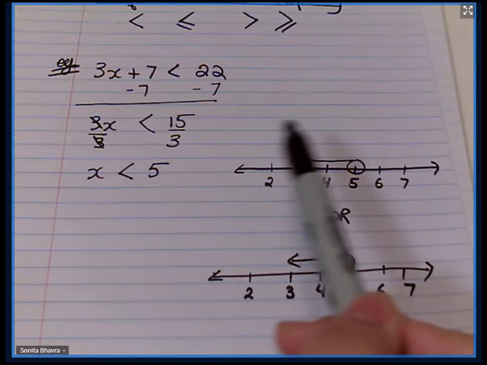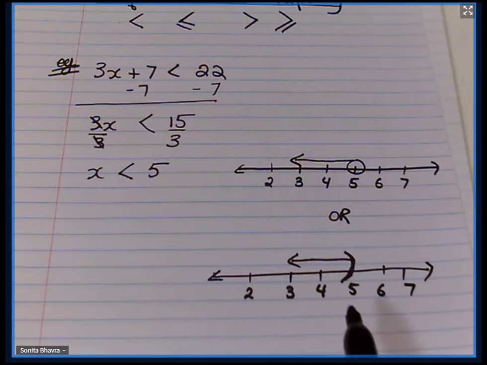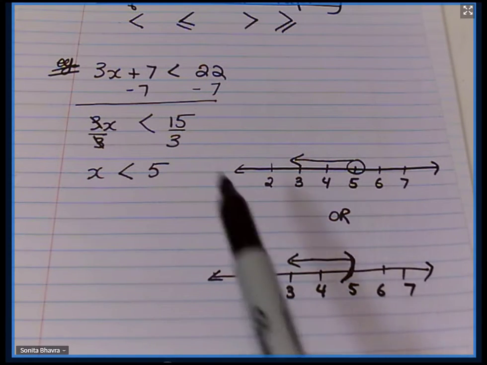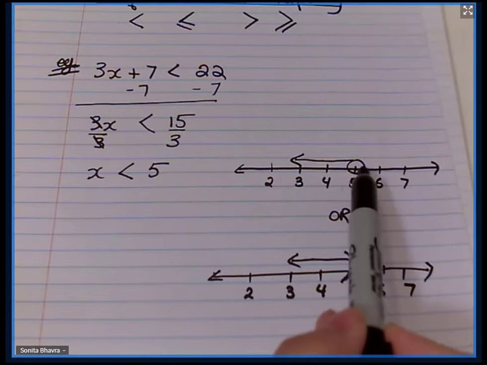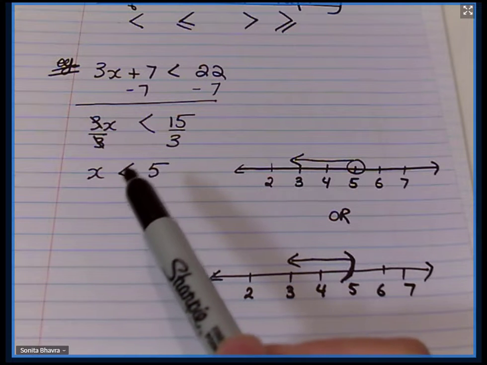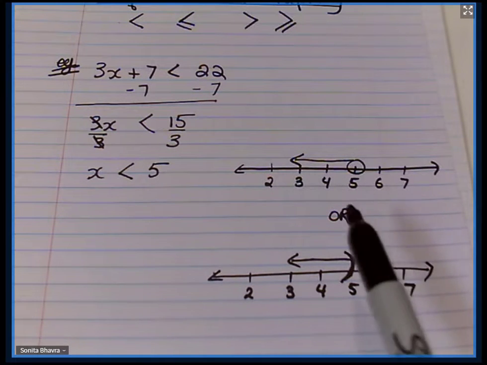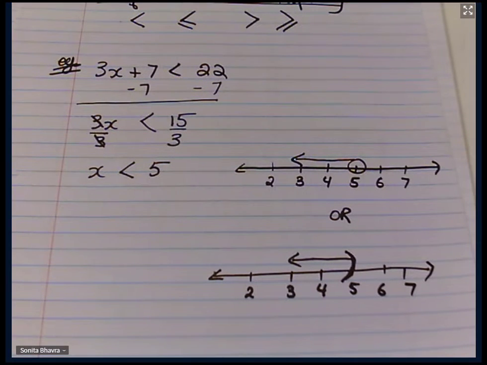The preferred method is the open dot. This other method is also used, but we normally see the open dot. A circle that's open represents less than or greater than. If we fill in the circle, it's called a closed dot. It represents less than or equal to, or greater than or equal to. We'll see that as we do more examples.